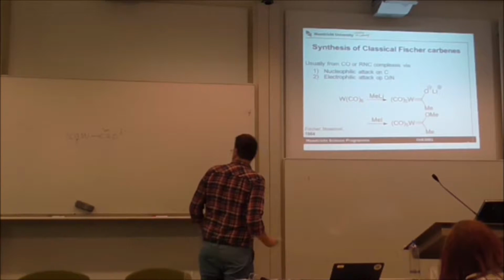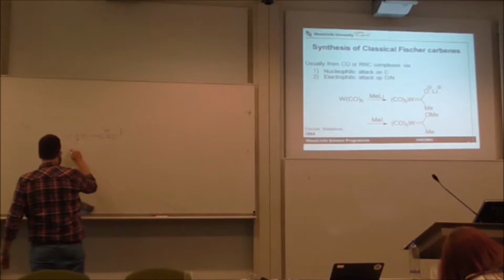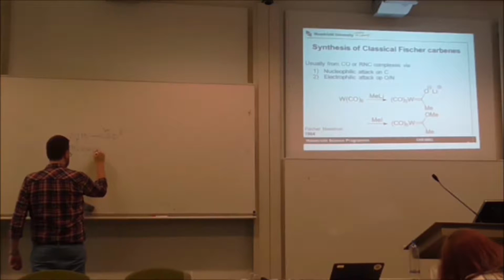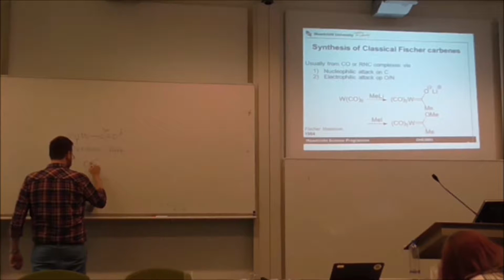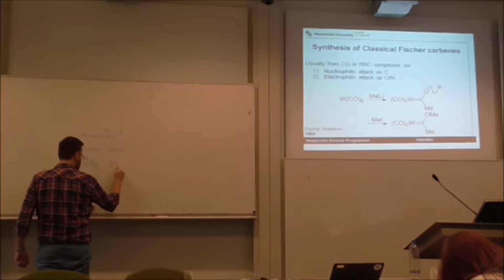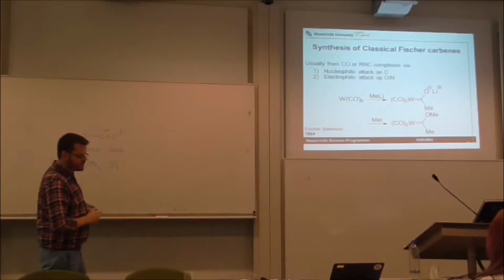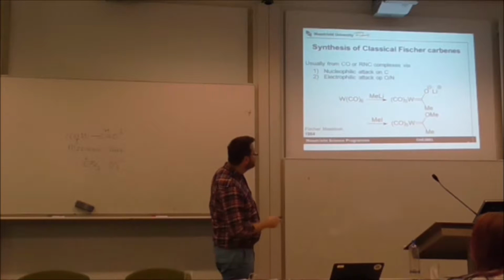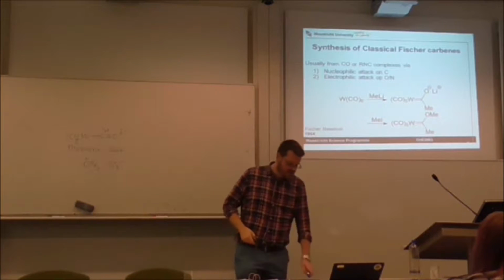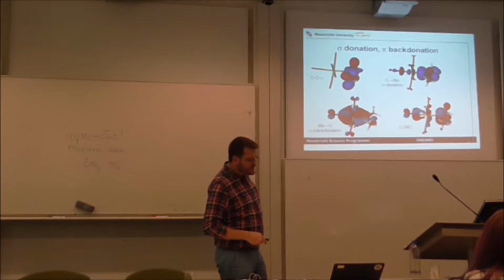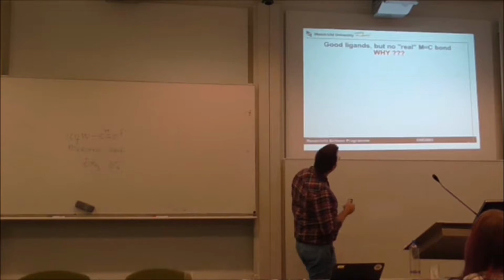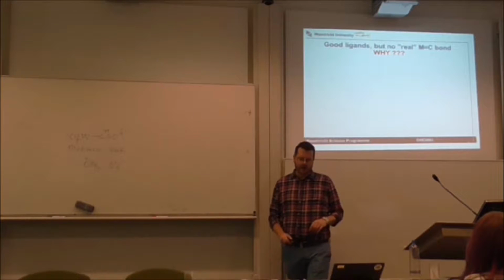Classically, we employ the so-called Meerwein salts, which is Me3O plus BF4 minus. That is a methyl transfer reagent, and that would work to install a methyl group on that oxygen group over there. Now, Fischer carbenes are great, but I have a statement here that you don't really get real metal-carbon double bonds.